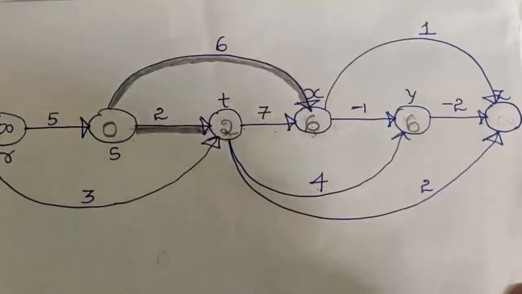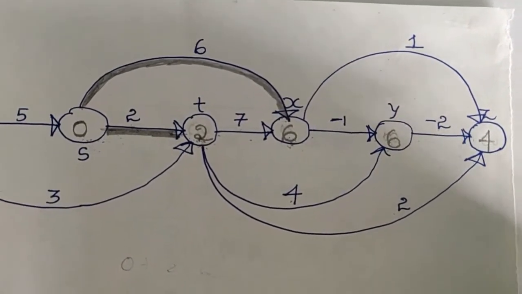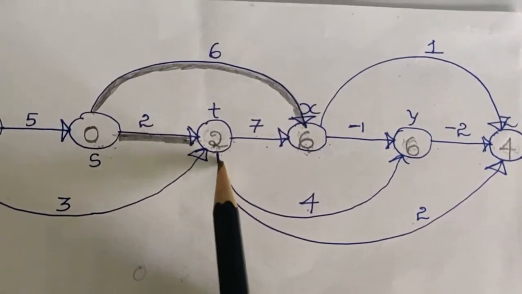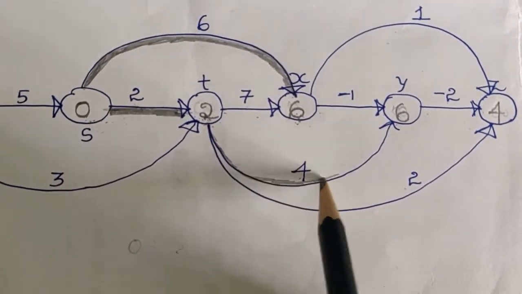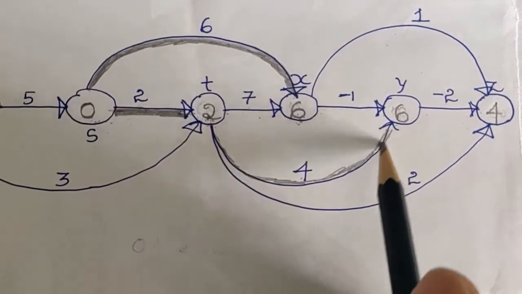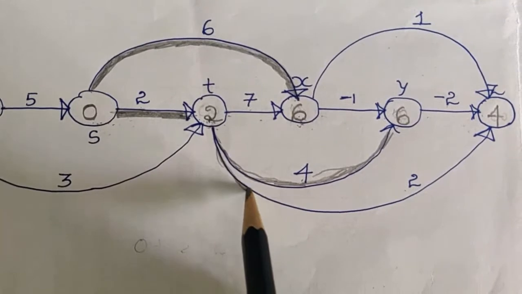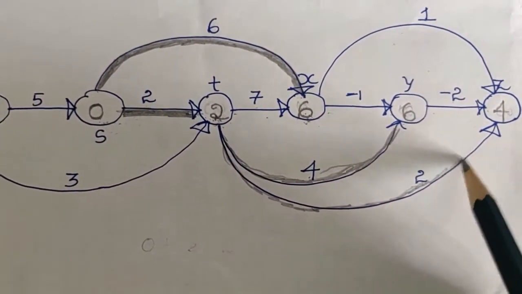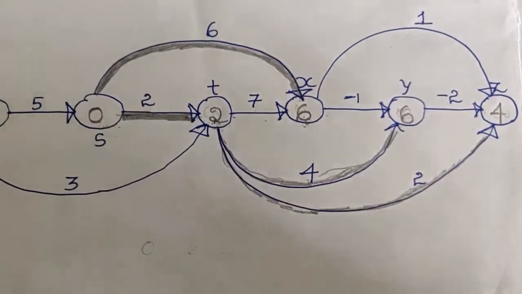So 2 plus 2, it is 4. Now we're done with the 2 more new values. So we have to shade that value, the root. These are the newly identified roots.